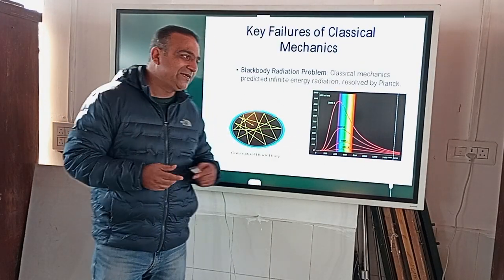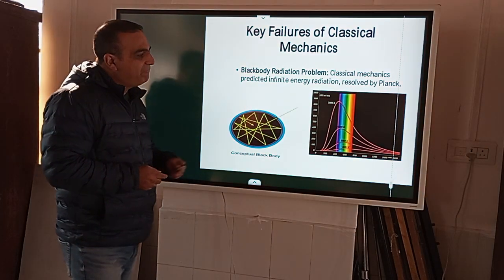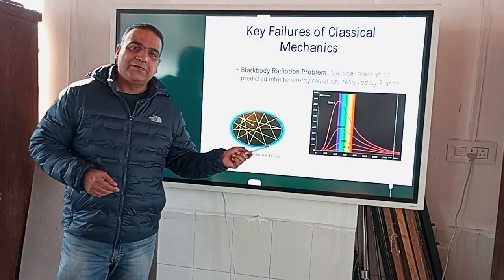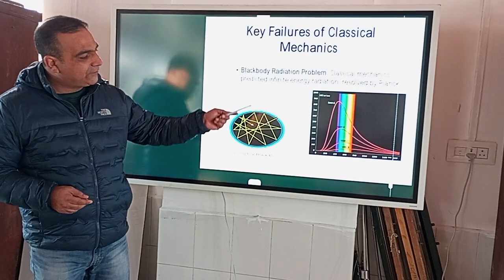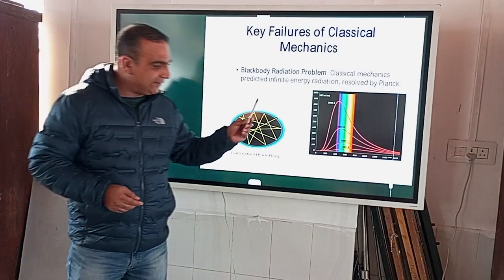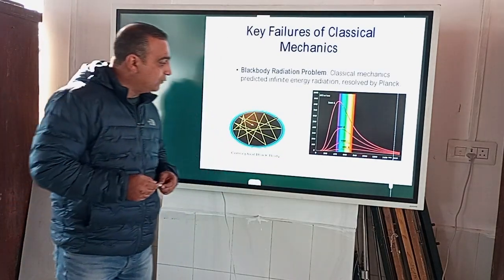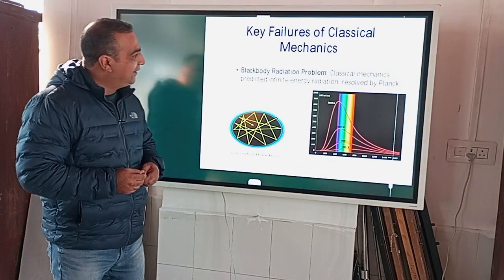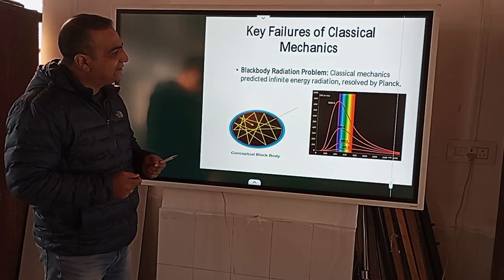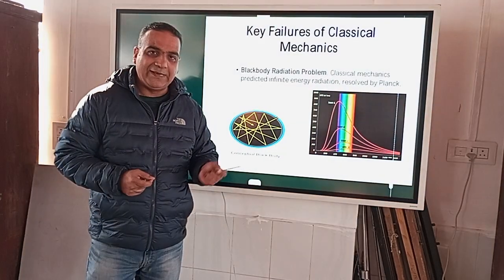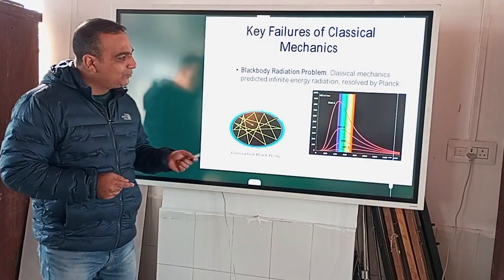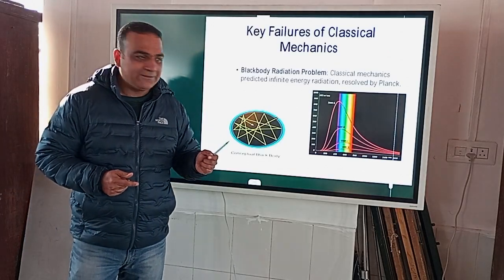But all of those classical concepts fail to explain this experimentally observed curvature that you can see between the energy and the wavelength. And this question is resolved by Max Planck, who assumes the quantum nature of light.